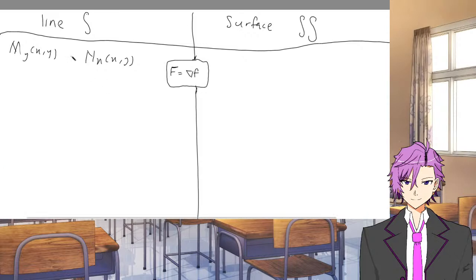So these two have to be equal in order for the line integral to actually be conservative or independent of path, or you can get the curl of the vector field equal to 0.